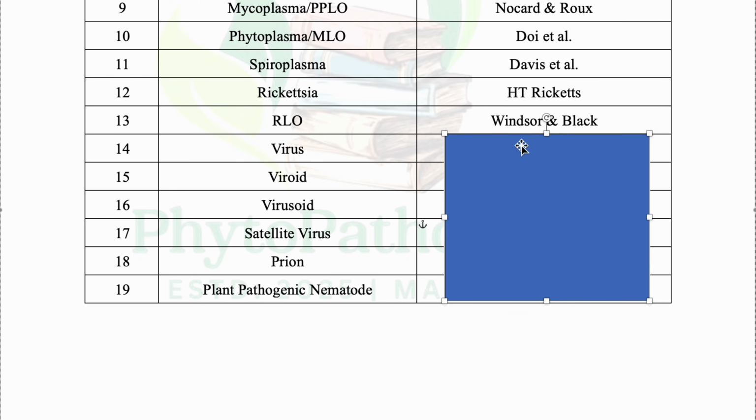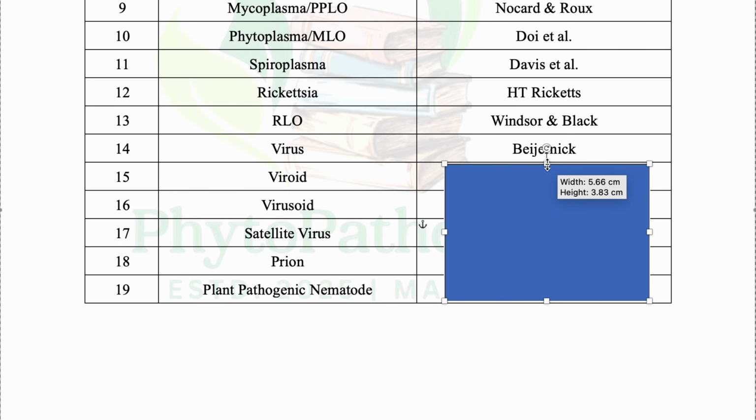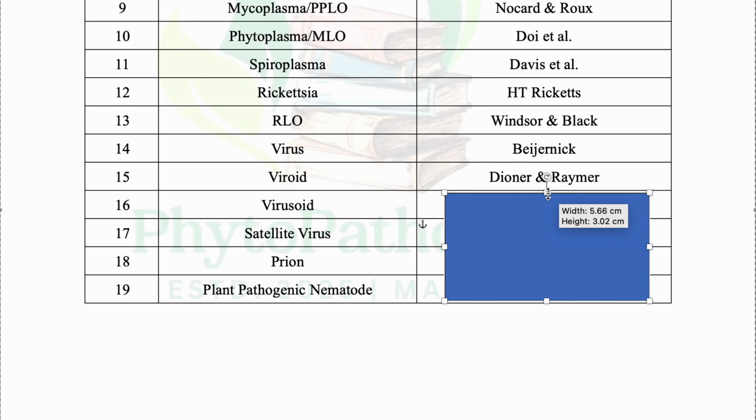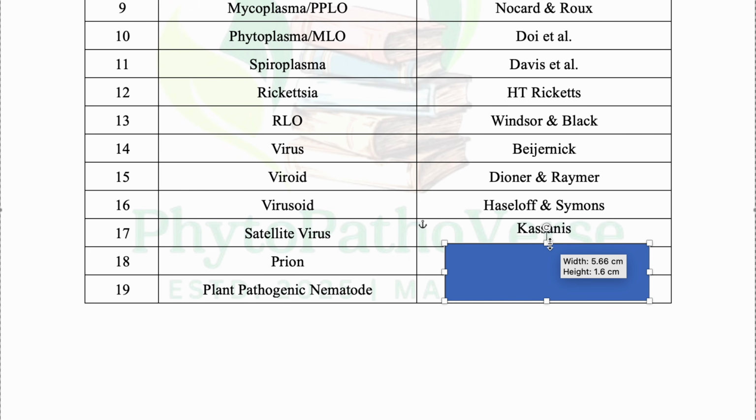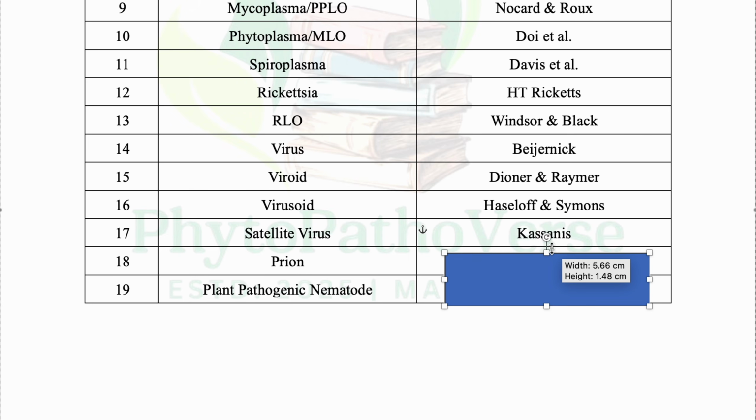Okay. So for virus, it was discovered by Beijerinck. Yes. Viroid by Diener and Raymer. Yes. Virusoid by, I like to prefer what I see in the book, that is Hesloff and Simons. Next, satellite virus by Kassanis. Yes. Prions by Prusiner.